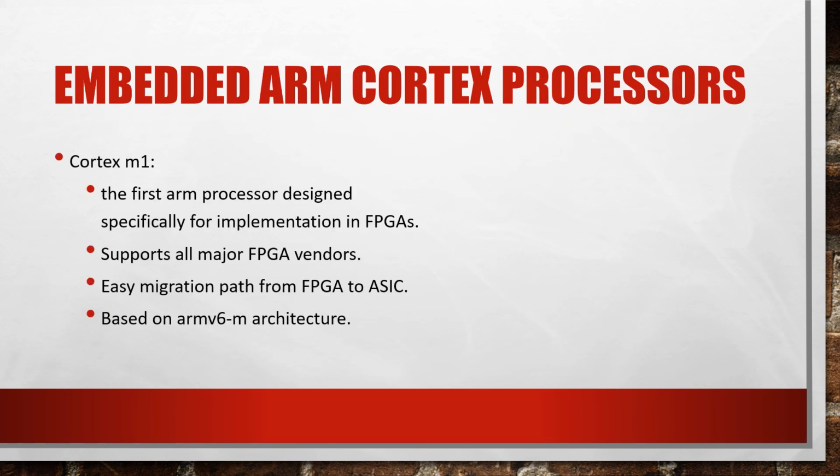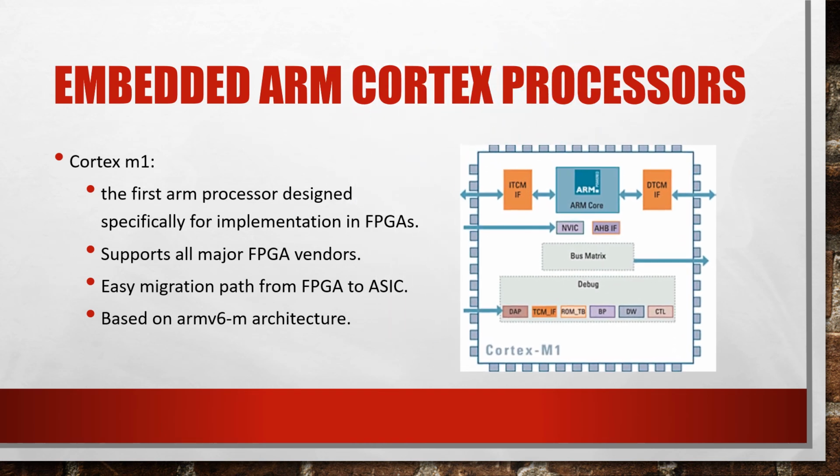Then we have Cortex-M1, which is the first ARM processor designed specifically for implementation in FPGA. This one we are not going to discuss further; it is just for your own knowledge.